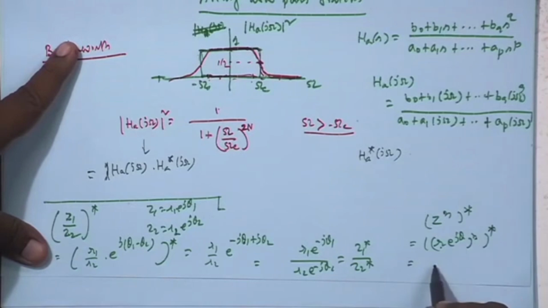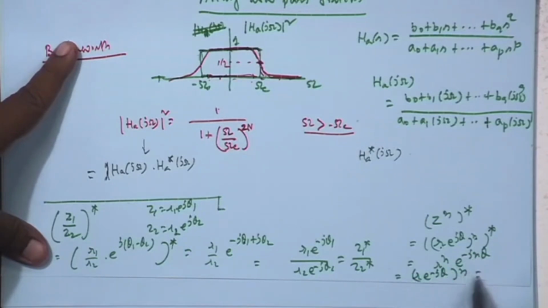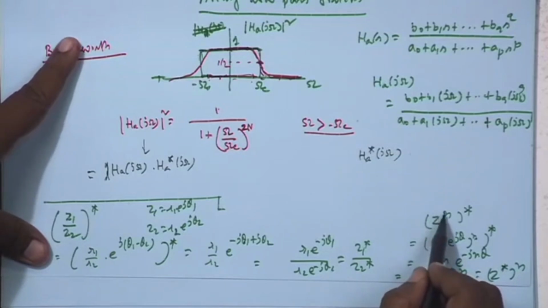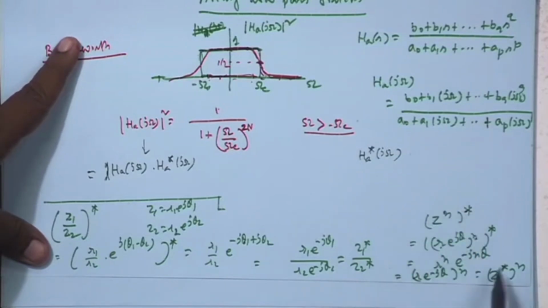What is it? r to the power n and e to the power j n theta, after conjugation it is e to the power minus j n theta, which is also the same as r e to the power minus j theta whole to the power n. But this is z star, so z star whole to the power n. So, if you raise a complex number to some power n and then take the conjugate, you will get the same thing as first taking the conjugate and then raising it to the same power.